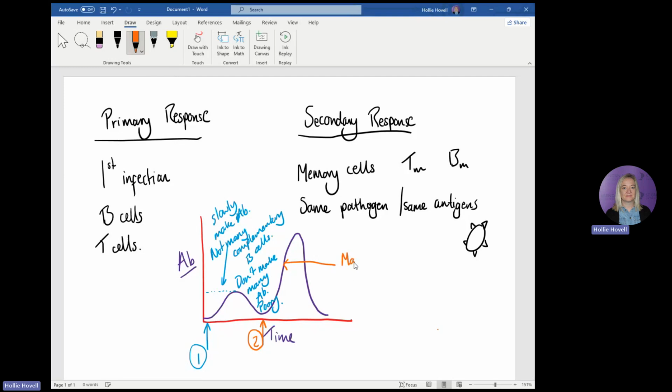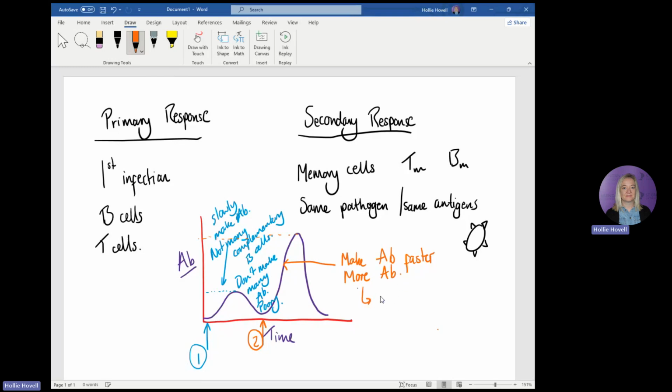Okay, so this time you make antibodies much faster, and look how many you make, all the way up to here on the axes. Okay, so you make antibodies faster and you make many more antibodies as well.